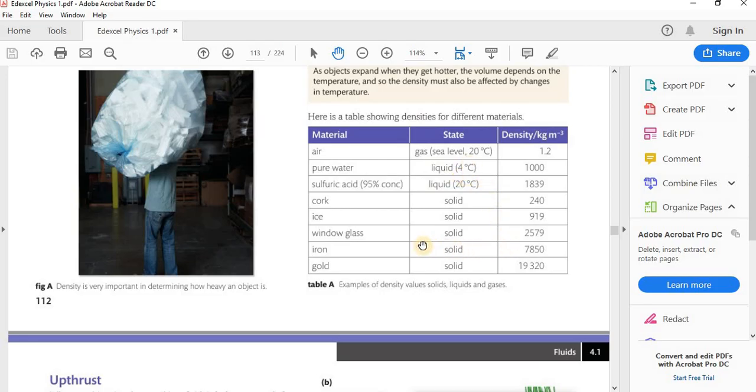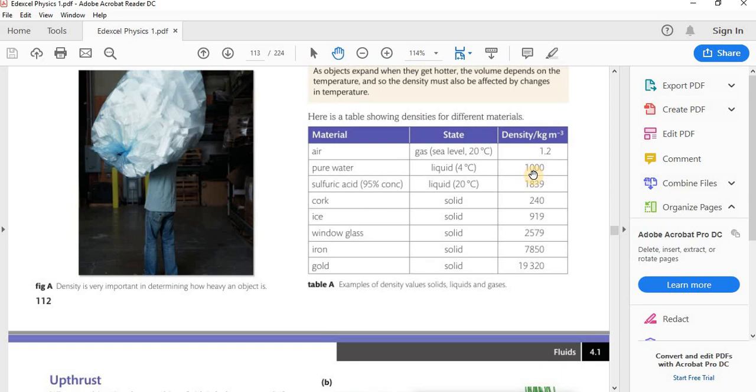You can see the density of ice is less than that of water, because I told you the water has its highest density at 4 degrees Celsius. So it's not like the other materials. Below 4 degrees, when the temperature decreases from 4 to 0, the density decreases.